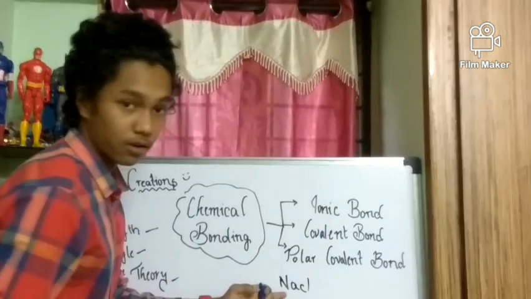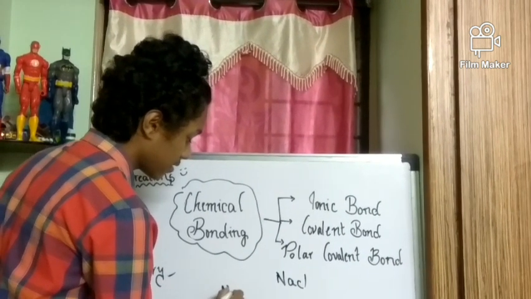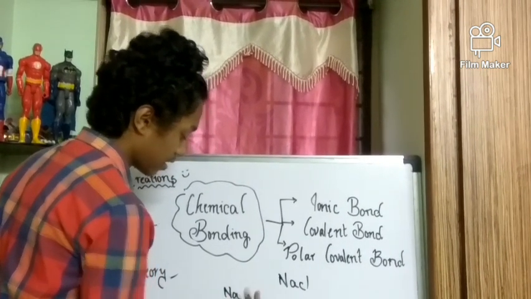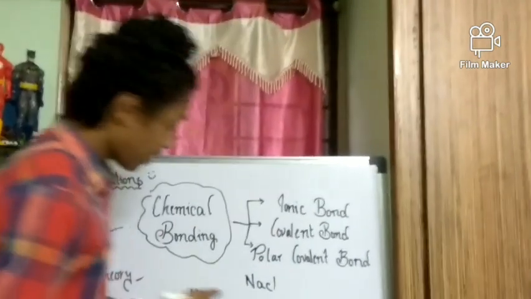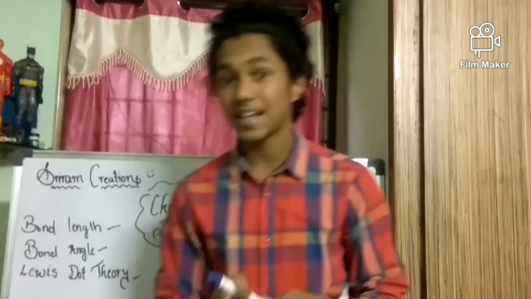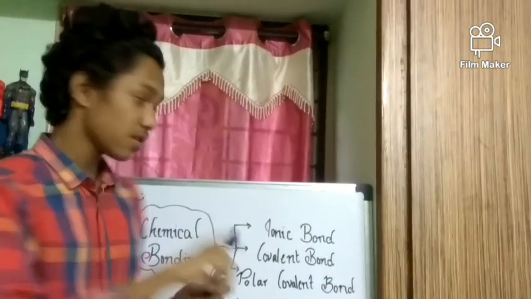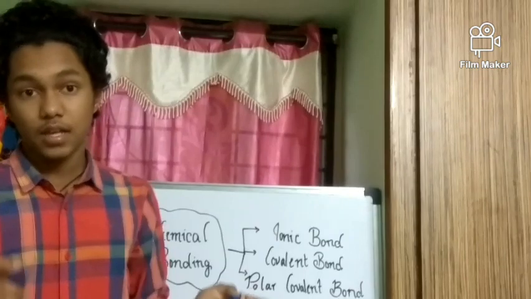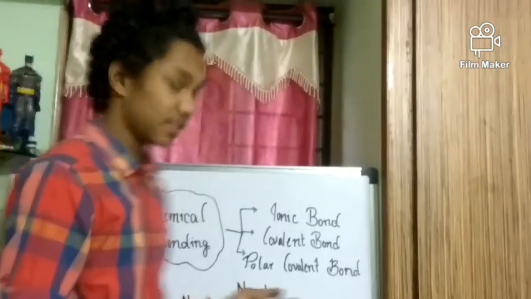That's sodium chloride. Now, sodium has atomic number 11. That means it has 11 electrons rotating in its orbitals around its nucleus.